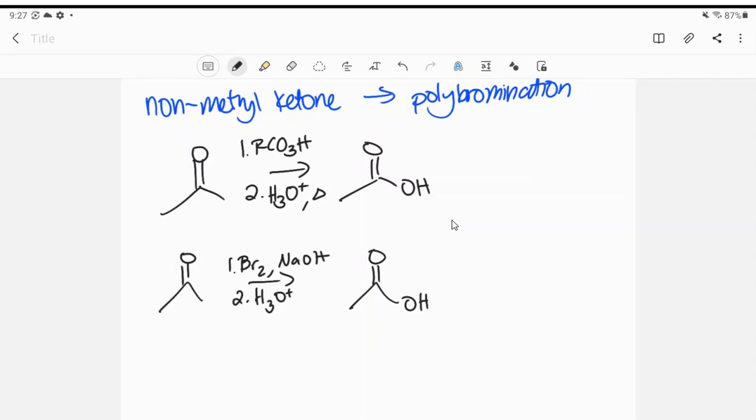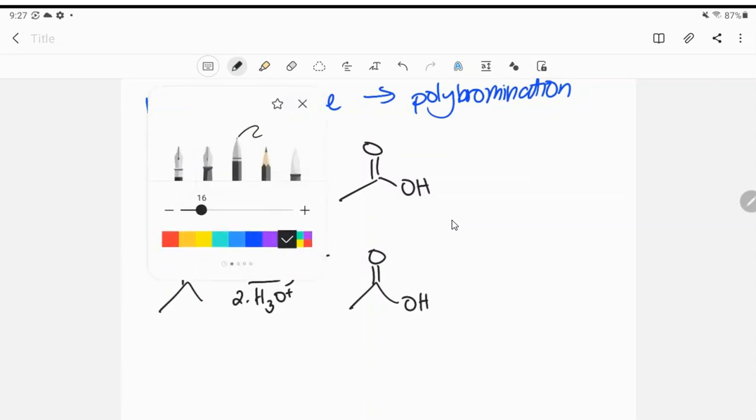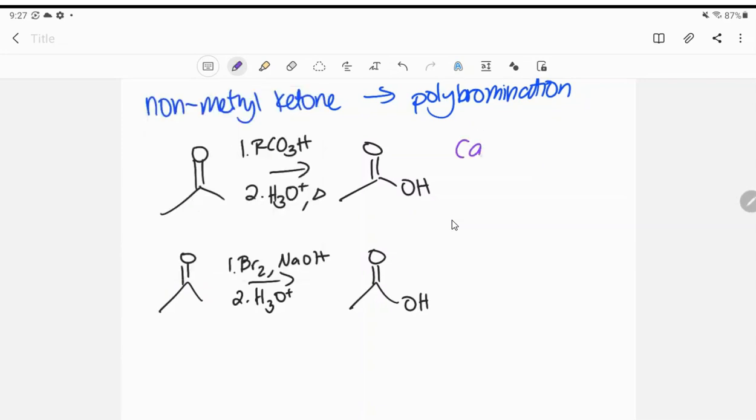Although the Baeyer-Villiger followed by the hydrolysis would work on bigger non-methyl ketones. So this bromoform or iodoform, whatever haloform reaction, only works on methyl ketones. So this one can work on non-methyl. This is methyl ketones only.